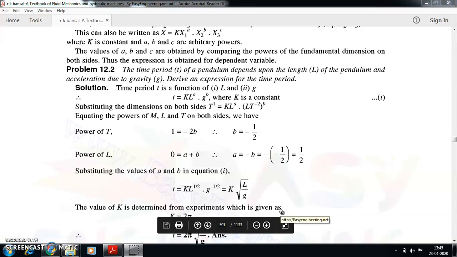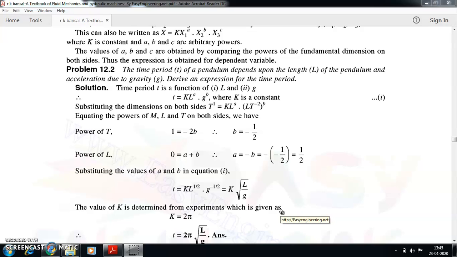Okay, fine, we will take up a problem and we will see this Rayleigh method, or understand the Rayleigh method, in a much better manner. So the problem is: the time period of a pendulum depends upon the length of the pendulum and acceleration due to gravity. Derive an expression for the time period.